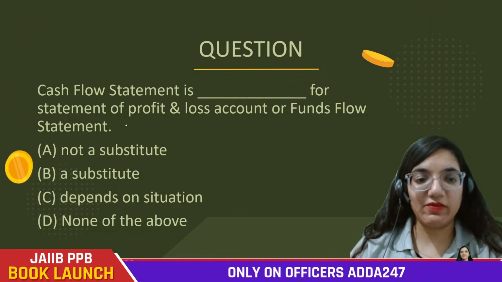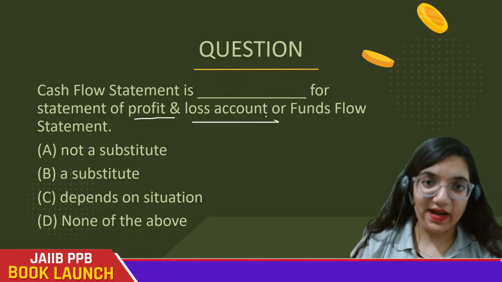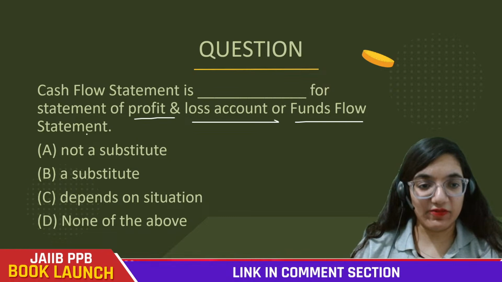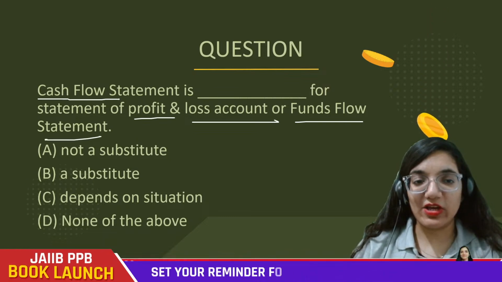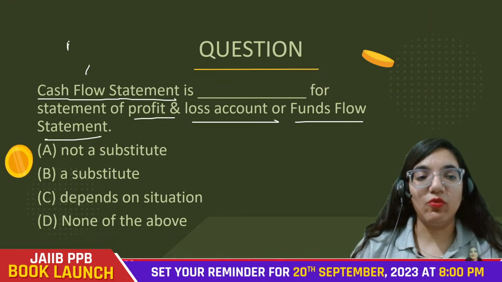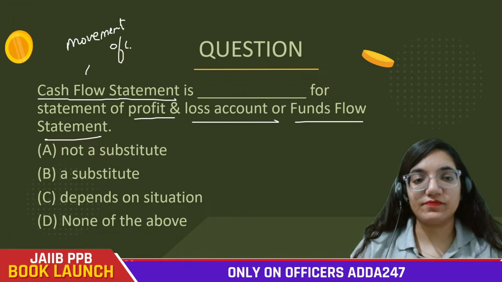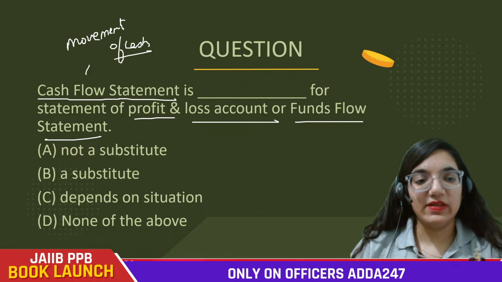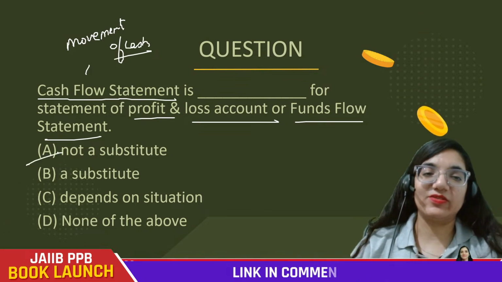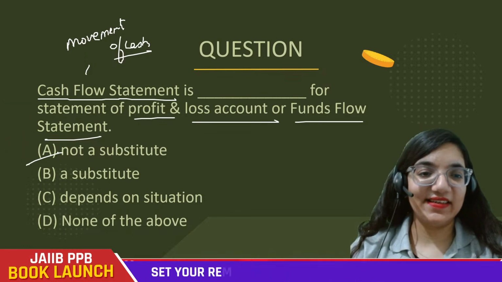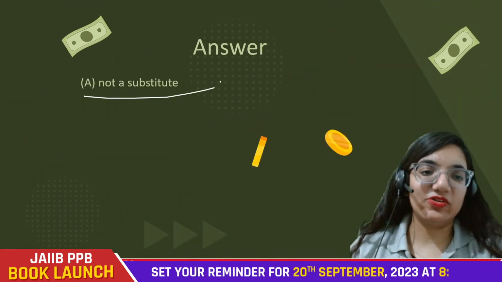For fund flow, it is a wider horizon. What we'll receive in future, even now, fund flow takes care of that as well. Cash flow is totally obsessed with only movement of cash. So it is not a substitute. Okay? Done? Okay, so it is not a substitute.